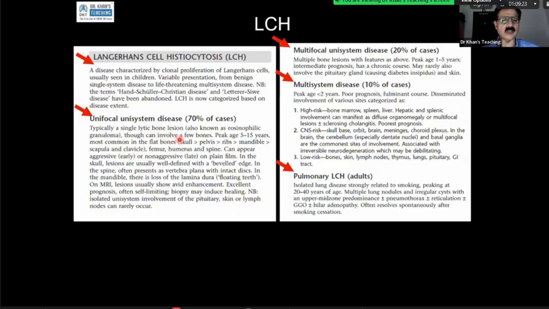And usually, when it is a single lytic bone lesion, we still call it eosinophilic granuloma. Otherwise, the term more commonly used now is Langerhans cell histiocytosis.